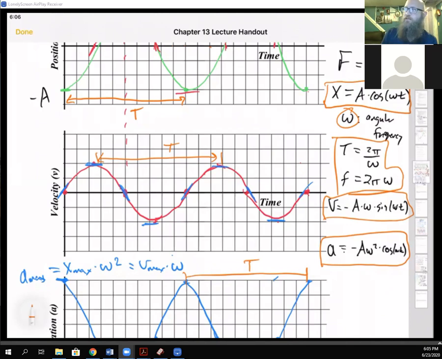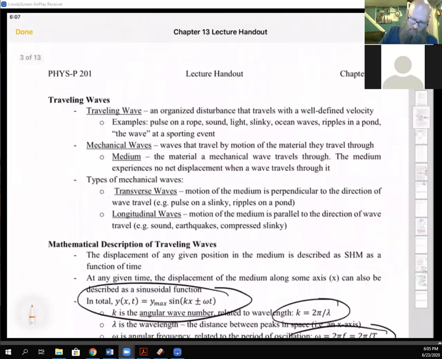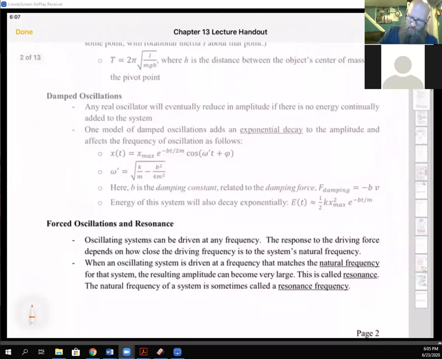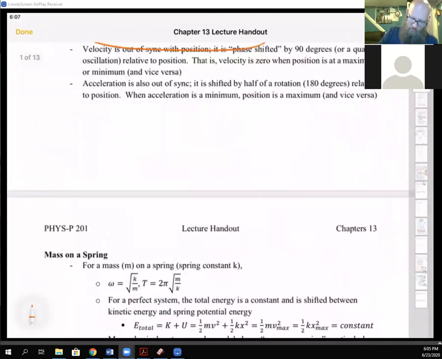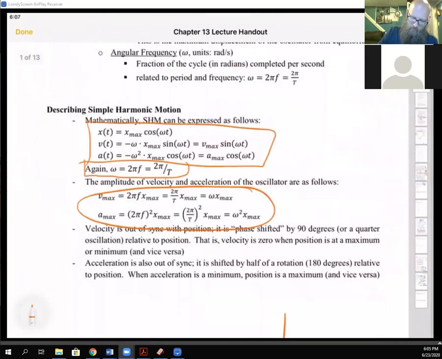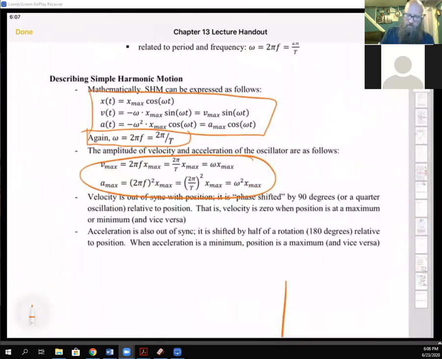It's very analogous to angular speed when we talked about circular motion. And all of these equations are summarized on the front page of this handout, I think. Yeah, they show up on the equation sheet for this as well. So you can take a look at that.